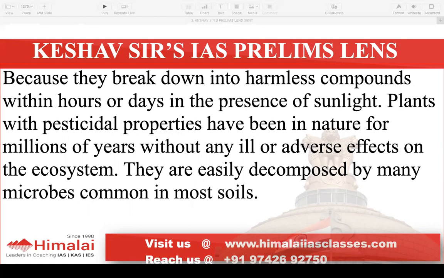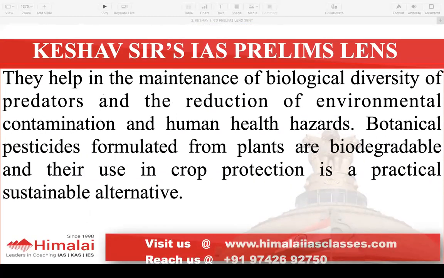They are easily decomposed by many microbes common in most soils. They help in maintenance of biological diversity of predators and the reduction of environmental contamination and human health hazards. Botanical pesticides formulated from plants are biodegradable, and their use in crop protection is a practical, sustainable alternative.